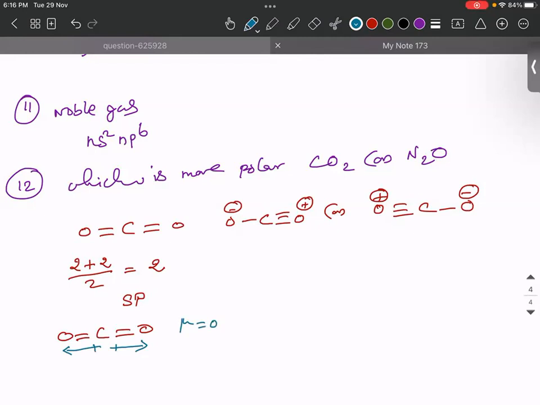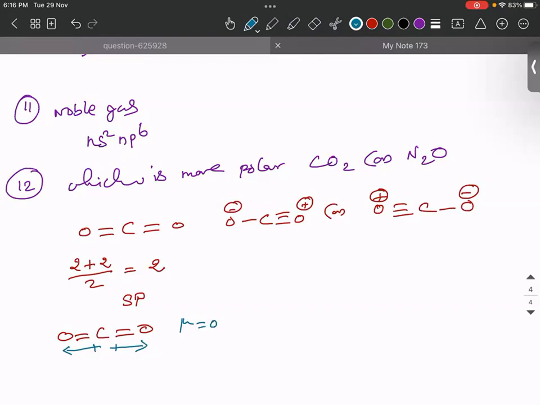So you take the N2O. What will be the central atom in the N2O? What can we consider? Actually, nitrogen and oxygen, oxygen is more electronegative. So one of the nitrogens should be the central atom, but in N2O you don't have any charges at all.